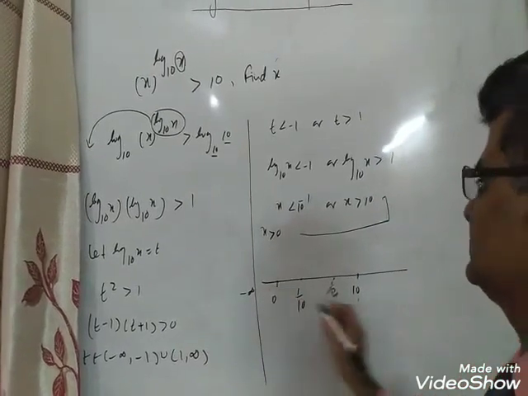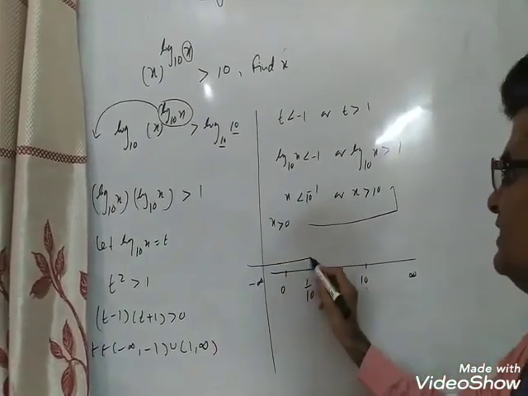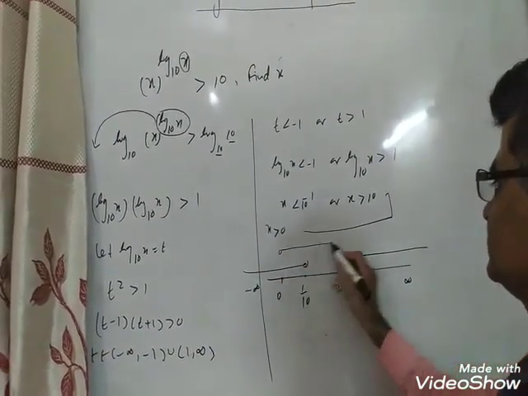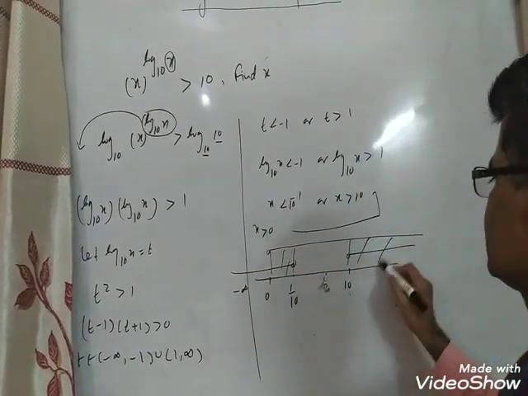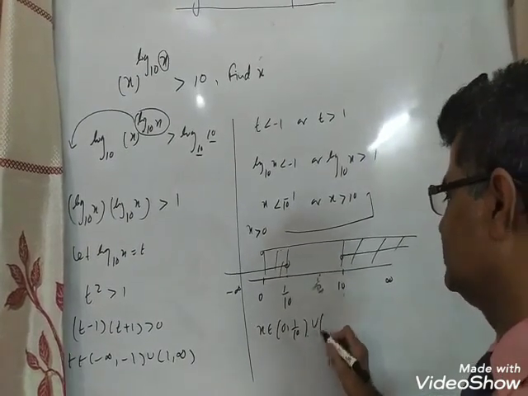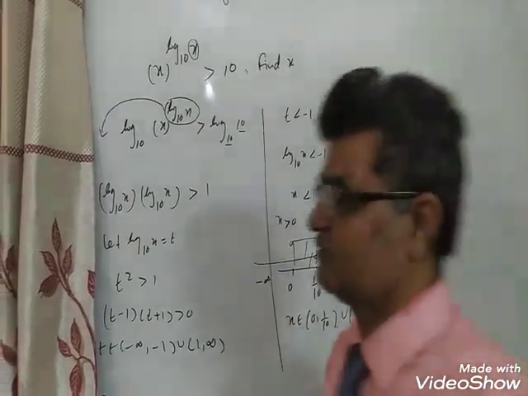It is going up to minus infinity and it is infinity. So the first one is from minus infinity to this and from here to this, and this is from 0 to this. So our solution is going to be this. So x is from 0 to 1 by 10, union 10 to infinity. This is how the solution moves.